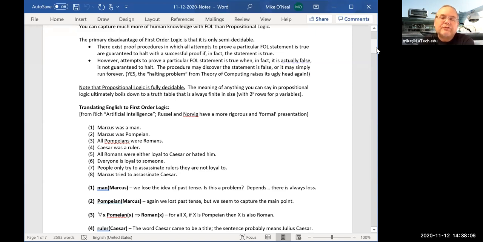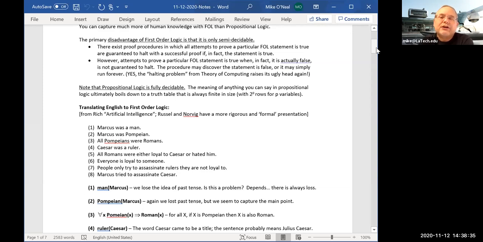Remember when you took theory of computing, we talked about the halting problem? I assume most of you have had theory of computing. Basically, a program, if you're running a program, can either halt or go into an infinite loop. First order logic is similar. It is only semi-decidable.